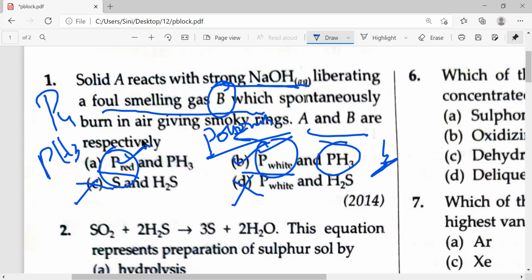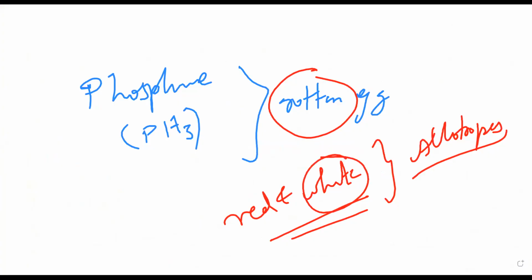One more very important thing we can see here: the most important word is spontaneously. I'll write: only white phosphorus reacts spontaneously. We should know the difference in this. What about red phosphorus?